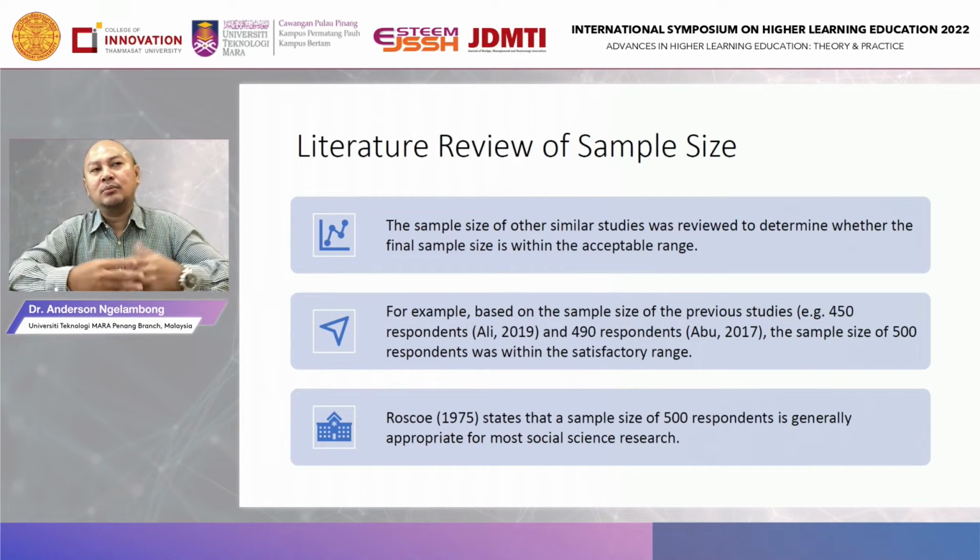What happens if you get many references or authors that have used a similar method? You can use the average. Here you have two numbers, 450 respondents and 490 respondents.